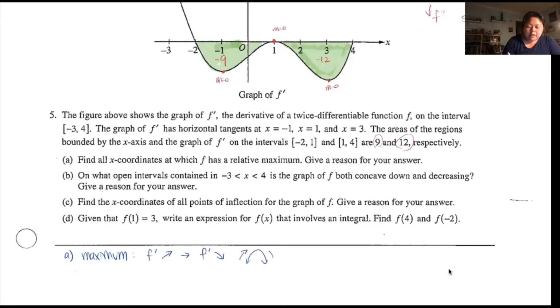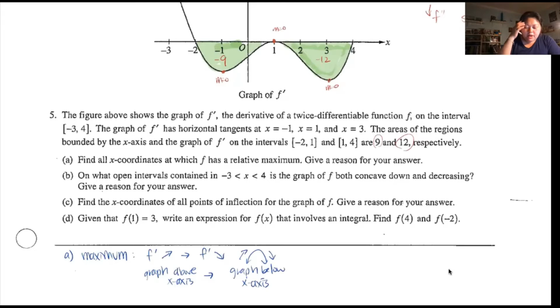So it goes up and then comes down. What does it mean when f prime is increasing? That means f prime is greater than 0. So in my picture here, that's when the graph goes from above the x-axis to below the x-axis, sorry for the terrible writing here. So I change my sign from positive to negative.